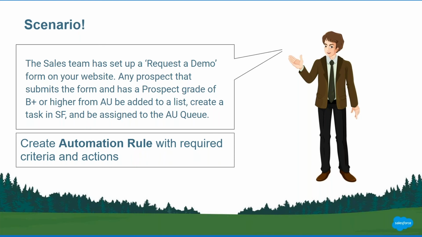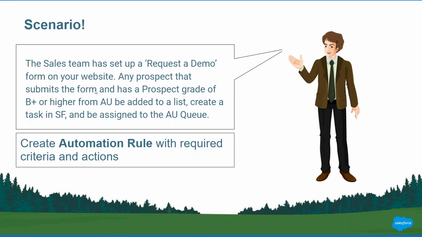So this time you're actually taking a look at a number of things here. For this action, you're listening for a specific prospect action, which is when the prospect submits the form. But you also have a criteria-based factor here, which is the prospect grade and the country of that particular prospect.